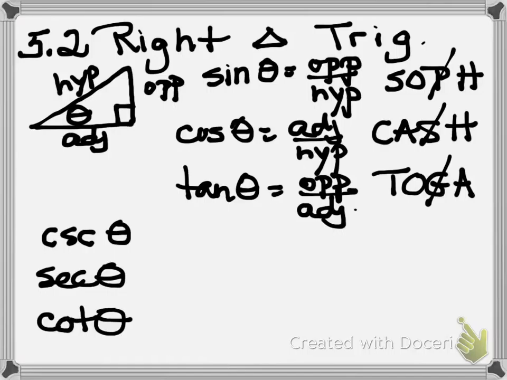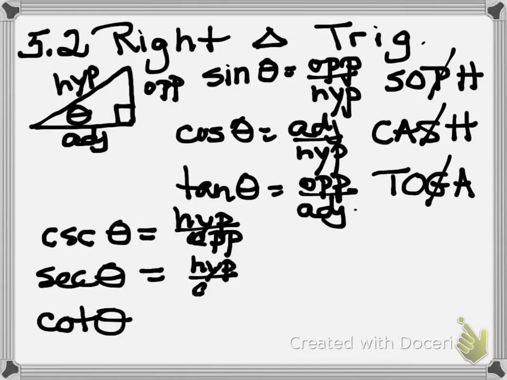So the cosecant is the reciprocal of sine. So that's the hypotenuse over the opposite. Secant is reciprocal of cosine, hypotenuse over adjacent. And cotangent is reciprocal of tangent, which is adjacent over opposite.